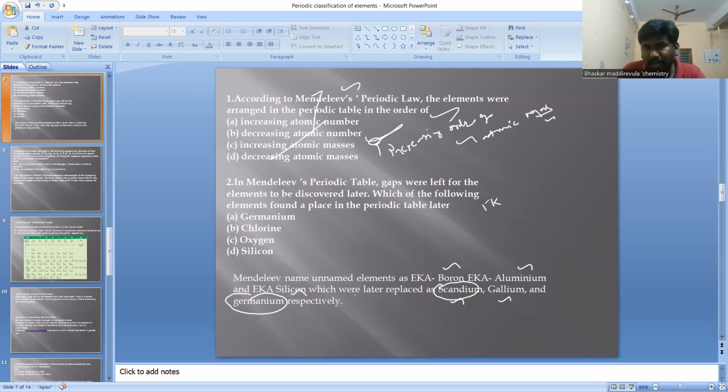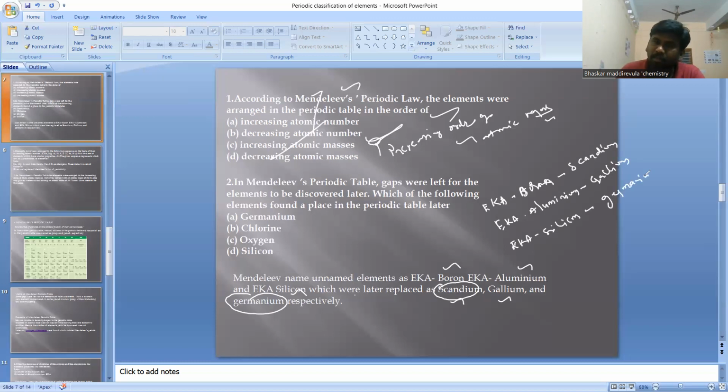He predicted some elements and named them, and later those elements got a place in the modern periodic table also. This is the topic. Just remember these things.